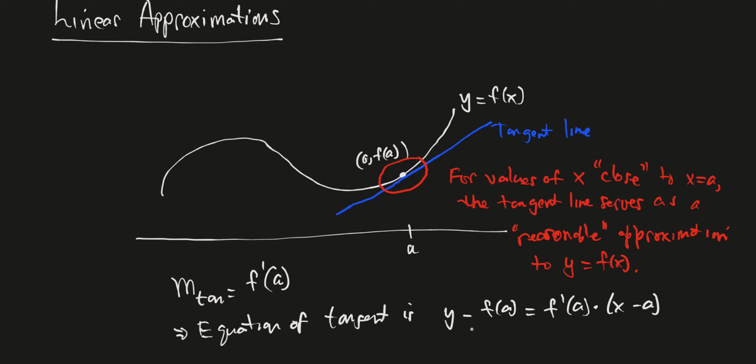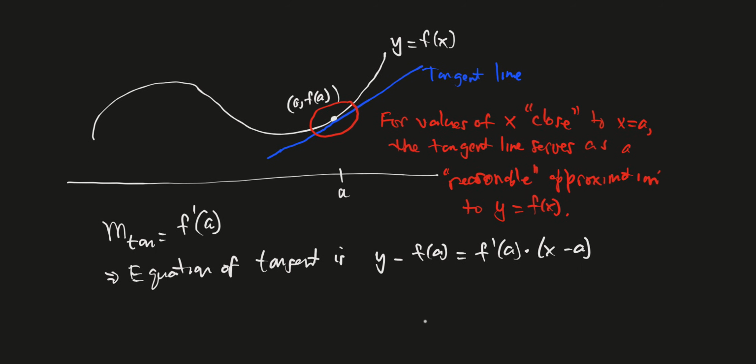And then if we want to write this in slope-intercept form, then y is equal to, add this to both sides, so bring over the f of a, it becomes f of a plus f prime of a times x minus a.